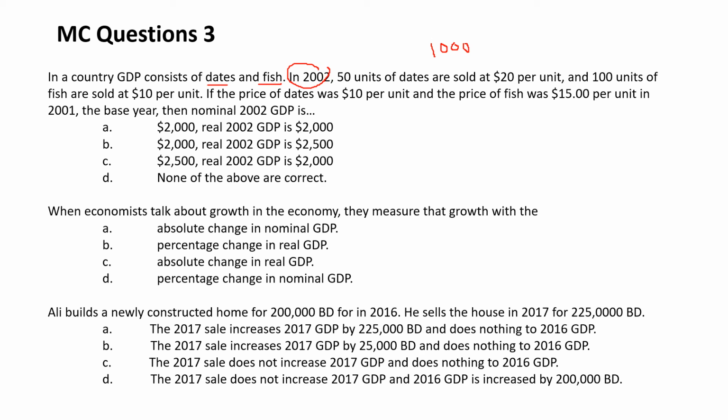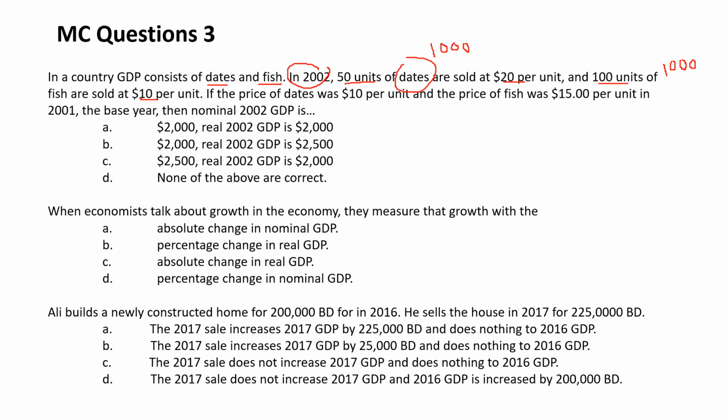Okay, so 50 units multiplied by 20. So this is the total expenditure on dates in 2002. And 100 units of fish are sold at $10 per unit. So the total expenditure on fish is also $1,000. Okay, 100 units multiplied by $10.